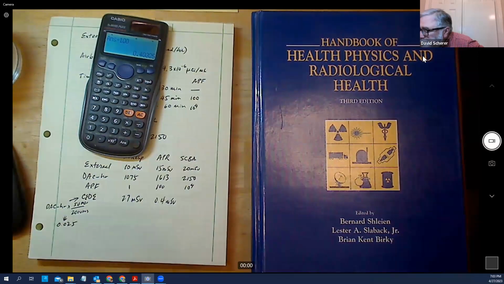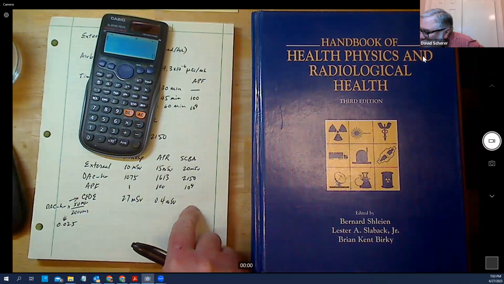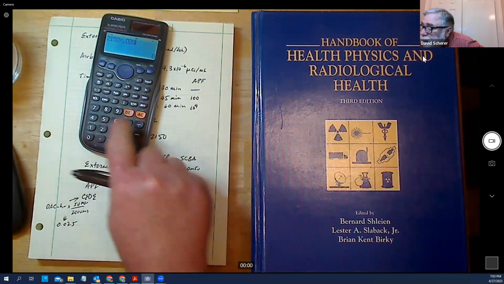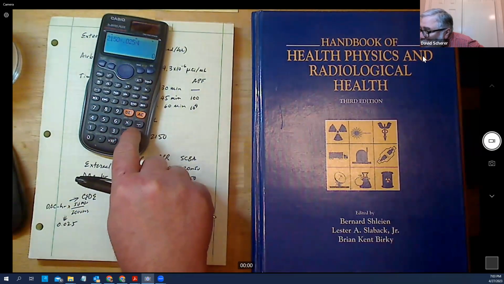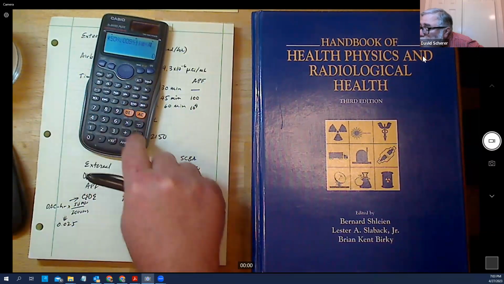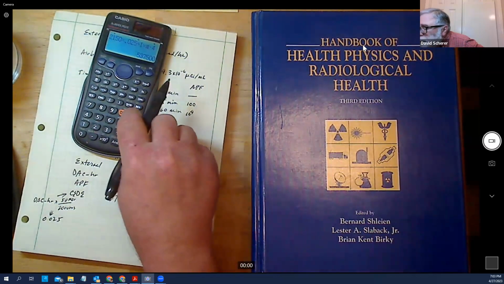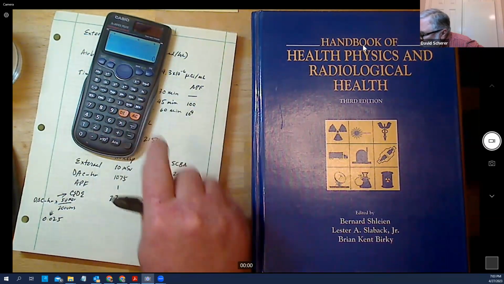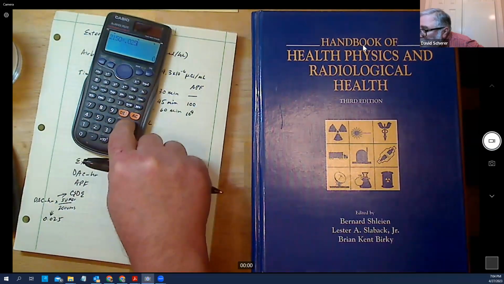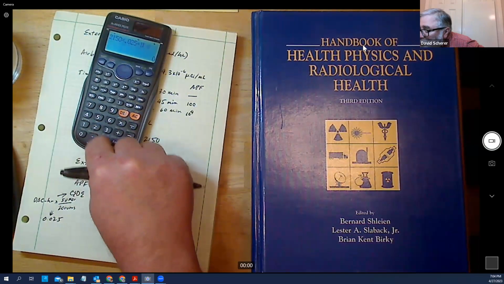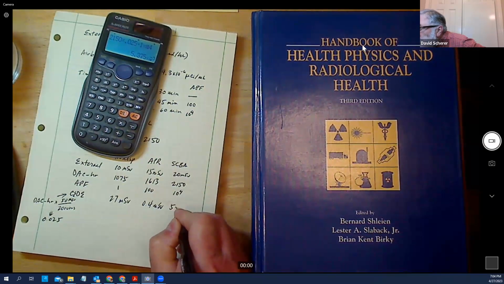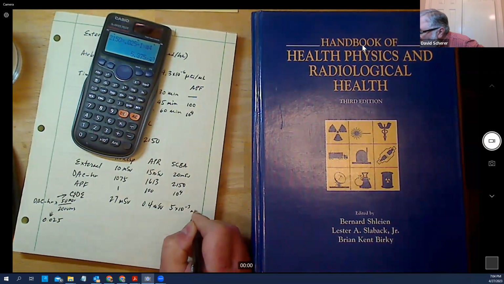And the SCBA is 2150 times 0.025, that's our conversion, divided by 1 times 10 to the 4th. It gives me 5 times 10 to the minus 3 millisieverts.